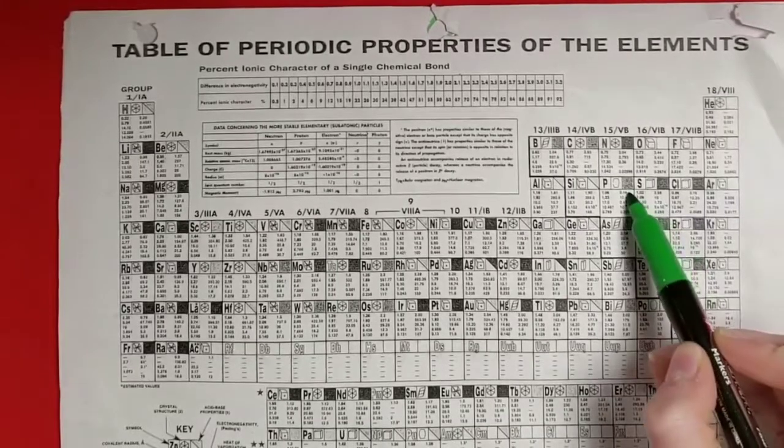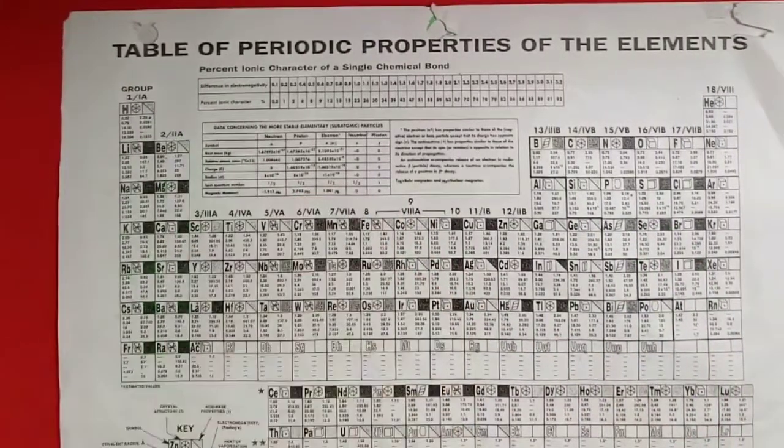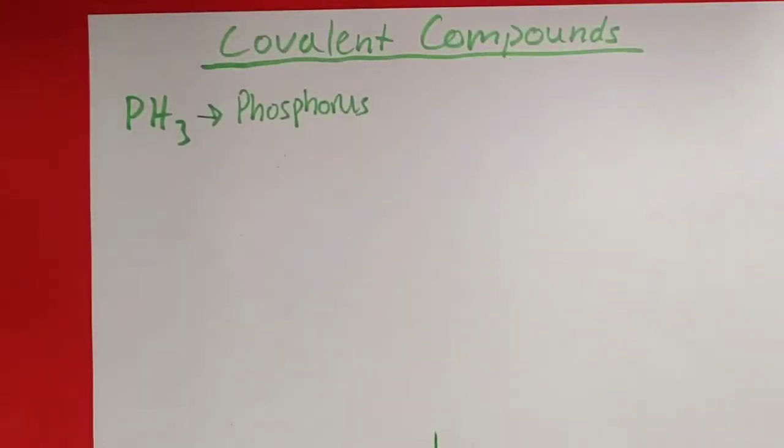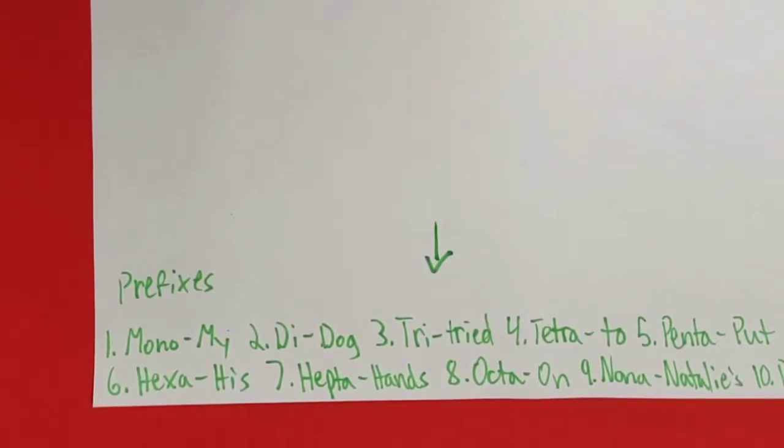After we find the electronegativity and can figure out which one we are going to be writing first, which in this case is phosphorus, we need to figure out what prefix we are going to use for them. Covalent compounds, if you remember from what we said earlier, need prefixes to determine the amount of elements in each compound. 1 is mono, 2 is di, 3 is tri, 4 is tetra, 5 is penta, 6 is hexa, 7 hepta, 8 octa, 9 nona, and 10 deca.